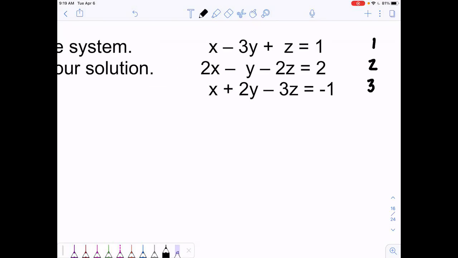Equation 1 always stays the same. Think of that as your parent equation. It's not going to change. We want to change the equations underneath. So our goal is to eliminate the x's underneath by keeping that first equation the same, but also by using that first equation to help us eliminate the x's.